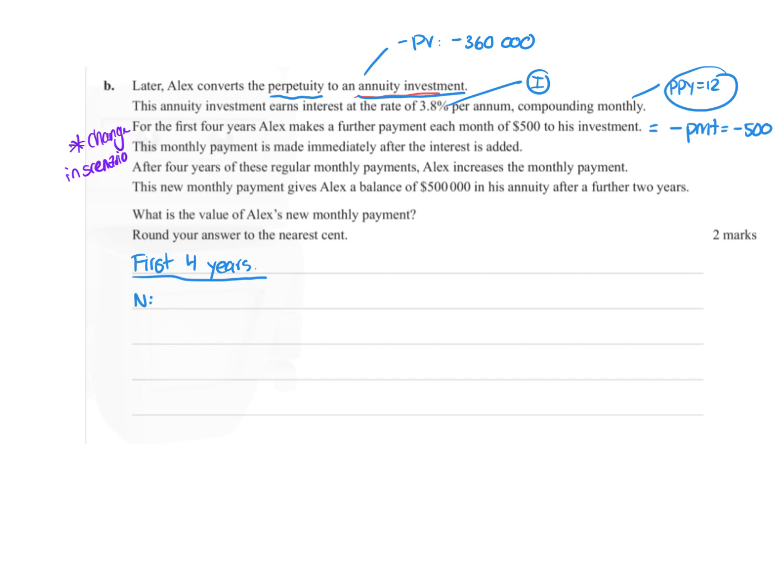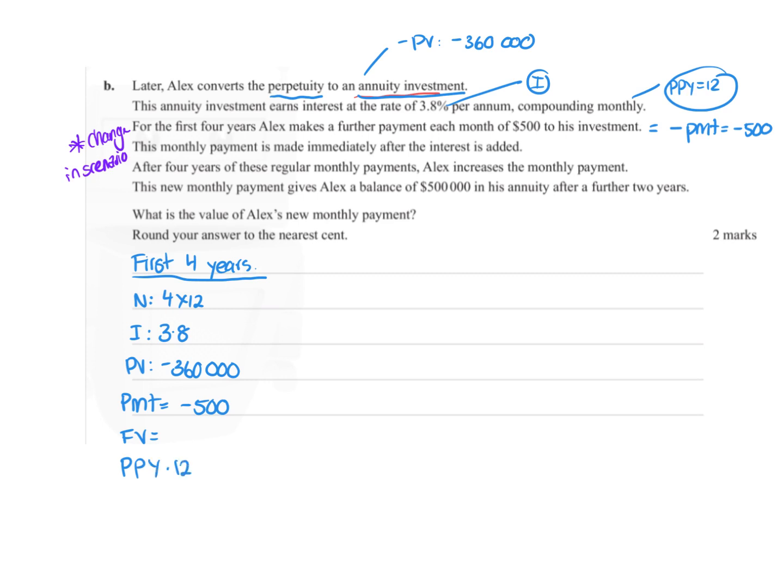So 4 years would be 4 times the monthly. The interest rate, they said, was originally 3.8. The PV, as I said, we worked it out because his perpetuity would not have grown. It would have just remained the same. He's adding an extra payment of negative 500, and FV is what I want to know, and PPY is 12.